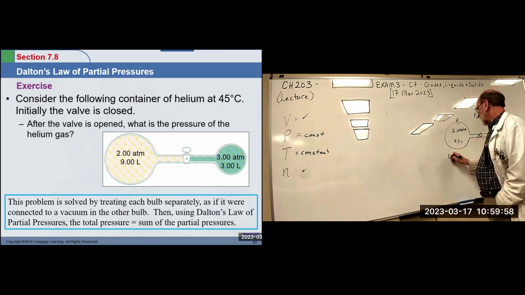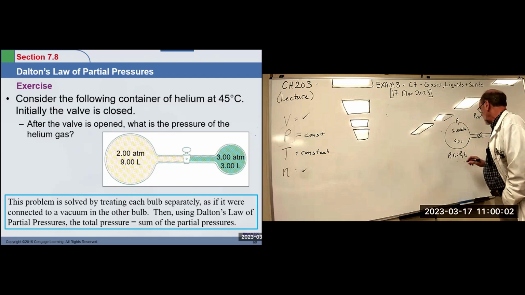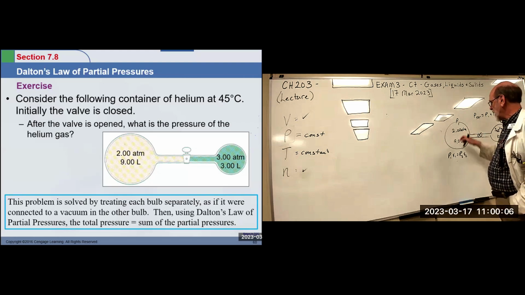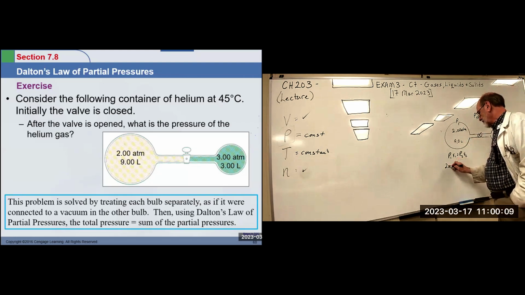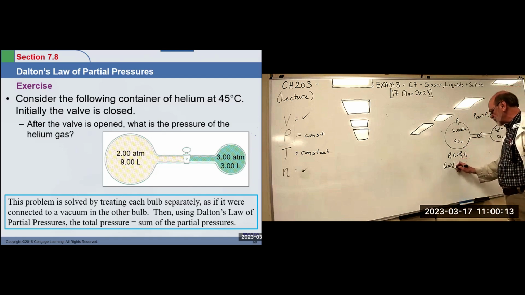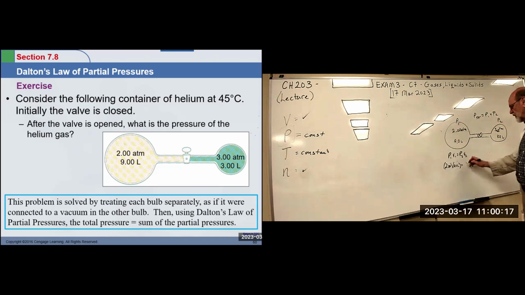So this is going to be P1V1 equals P2V2. Pressure 1 is 2 atmospheres. Volume 1 is 9 liters. Pressure 2 is our unknown. And volume 2 is now what? 9 plus 3 is 12 liters.